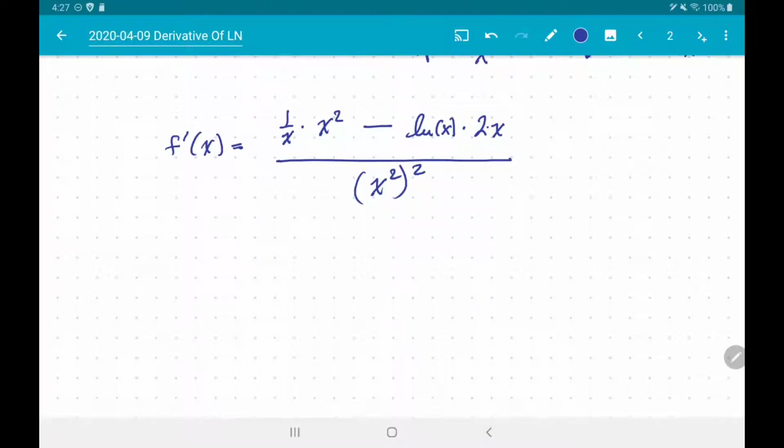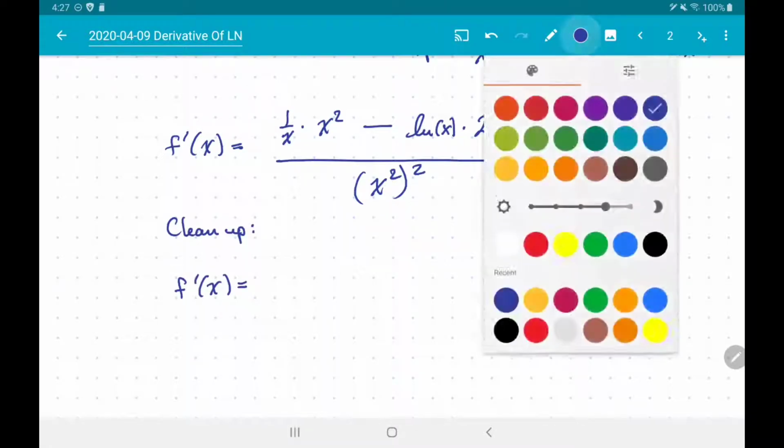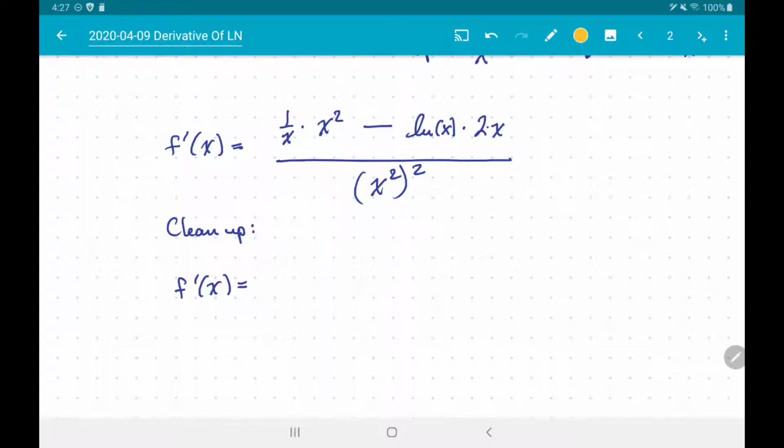Since we're going to be doing more with this function, I suggest that we clean it up and simplify it as much as possible. There's a couple of things we can simplify. Looking in the top, to the left of subtraction, we have 1 over x times x squared. We can simplify that, and the result is x.